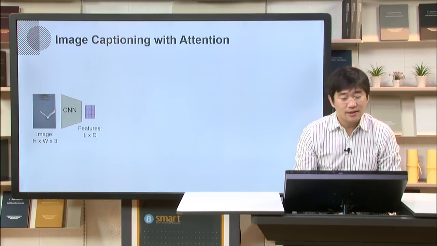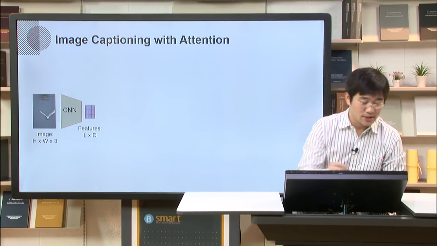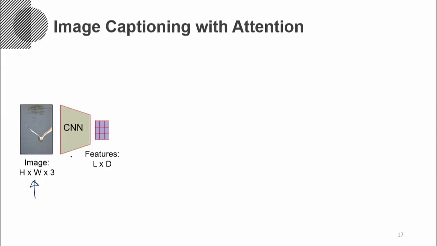So let's look at the image captioning model using the attention module. Given this input image, we go through this CNN model, and previously we extracted a feature vector from the fully connected layer. In that case, that high dimensional vector extracted from this fully connected layer will not contain any kind of spatial information.